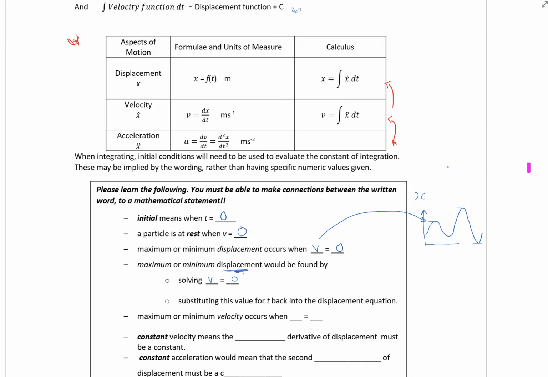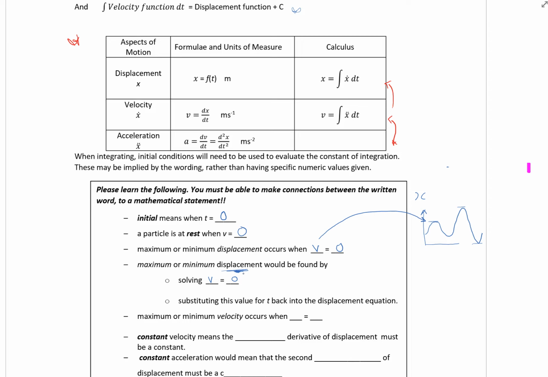So what are you doing here with respect to motion, which is time, displacement, velocity, acceleration? What are you doing when you solve something equal to naught? What is it telling you in reality in terms of time? Are you finding out something about time?